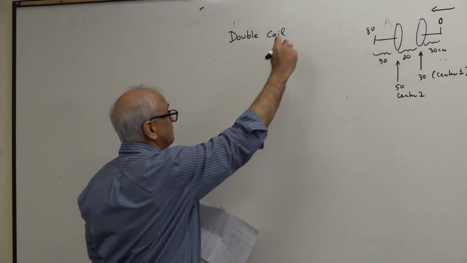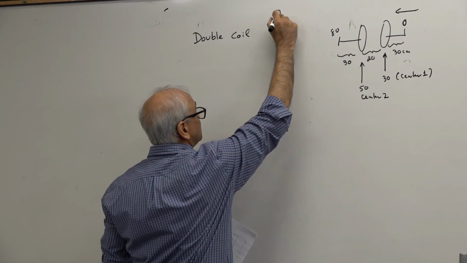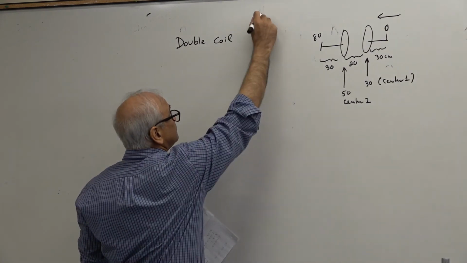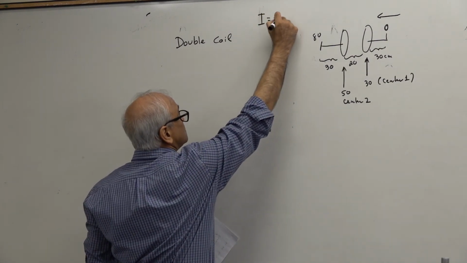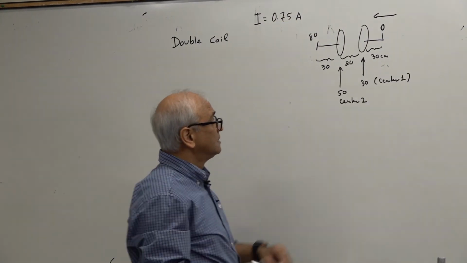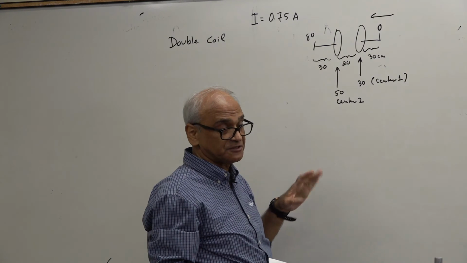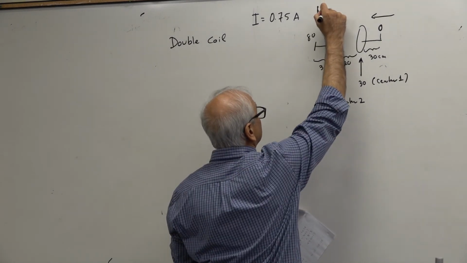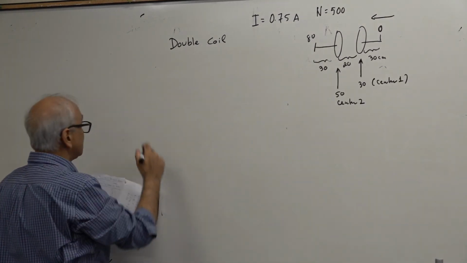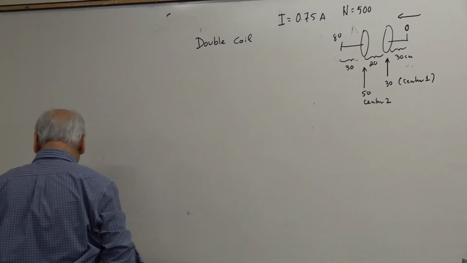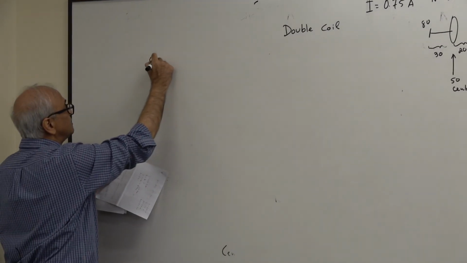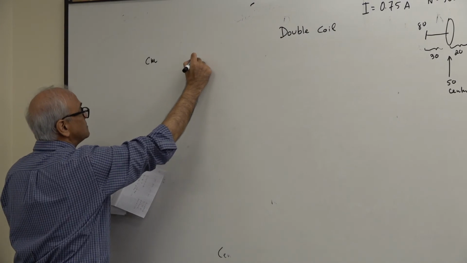So this time my ampere, which is I, would be 0.75 amp. Each one of them again has 500 turns. N is 500 turns. All right, I want to go a little bit further to the left. So we have centimeter, and we have Gauss.